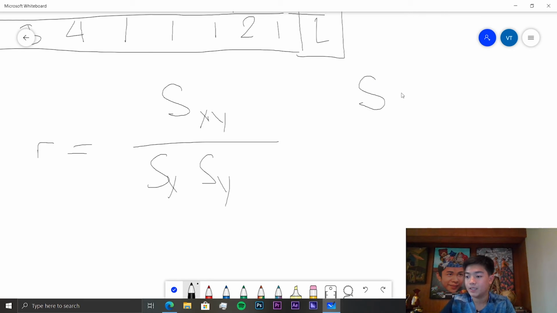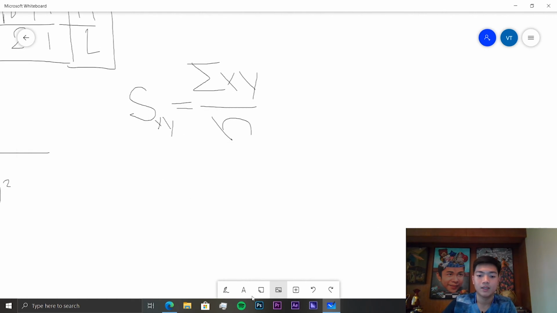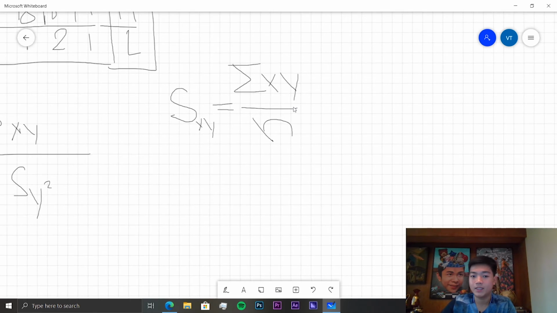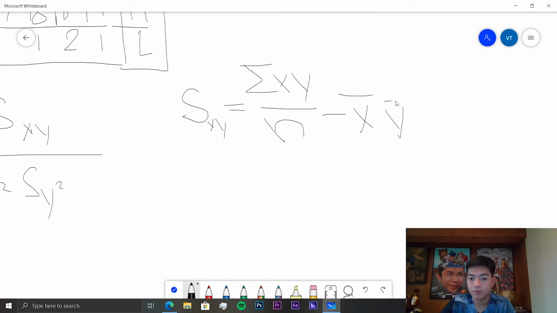Well, s is equal to the sum of the x times the y values over n. Sorry, this should be x squared, and this should be y squared, really. But over n minus the two means, the mean of the x and the mean of the y.